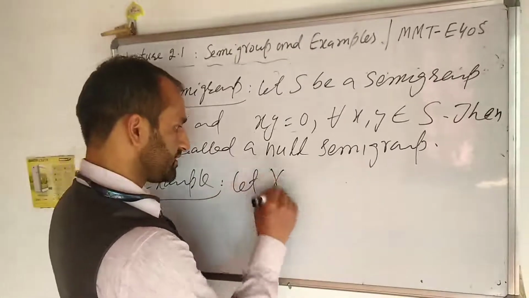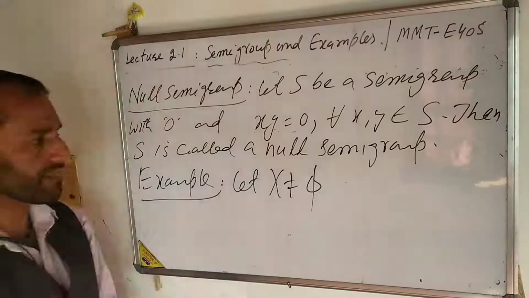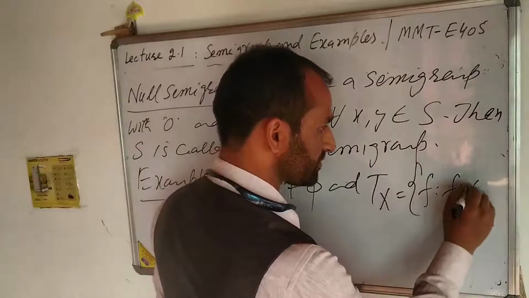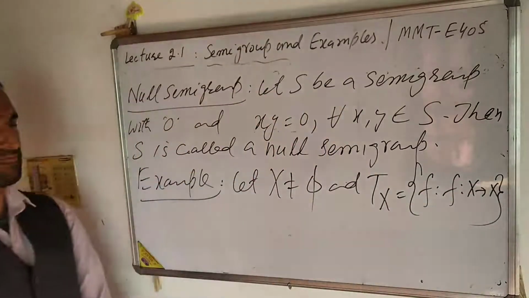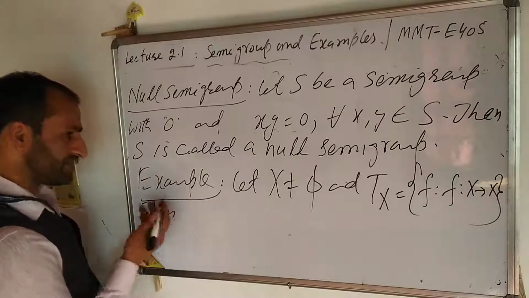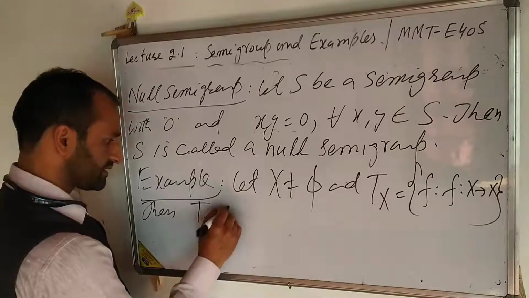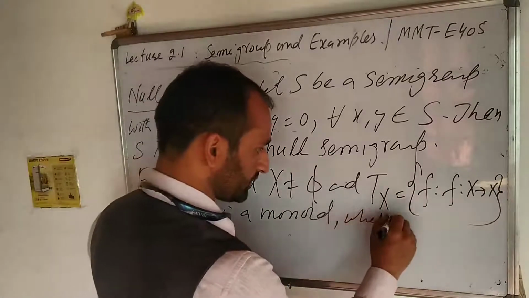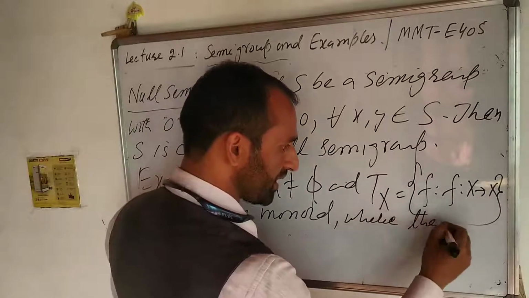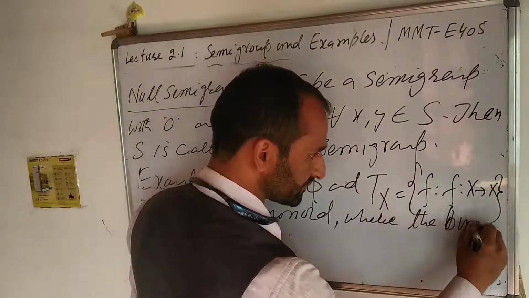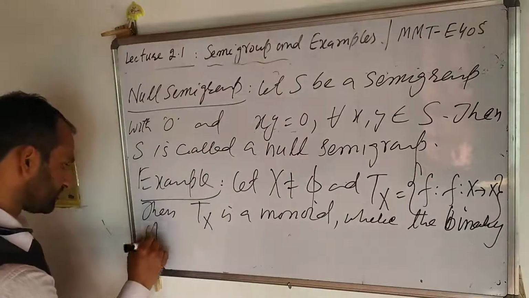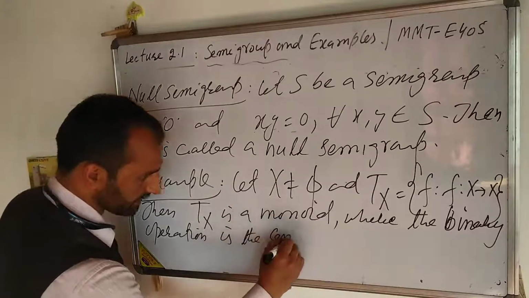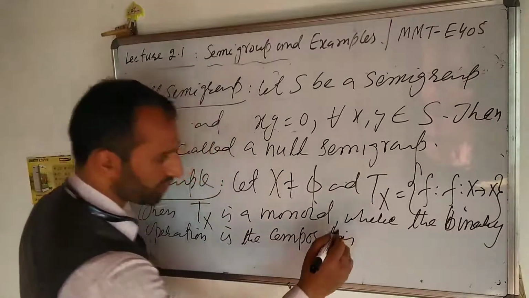Let X be a non-empty set, and Tx is the set of all functions from X to X. Then Tx is a semigroup. In fact, it's a monoid, where the binary operation is the composition of mappings.